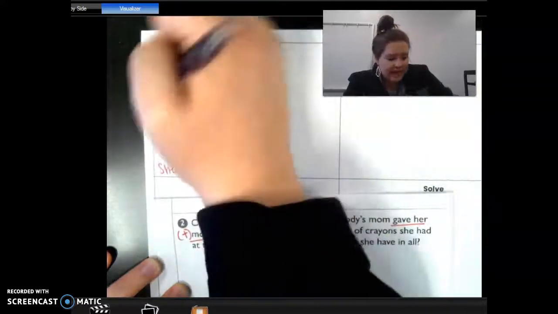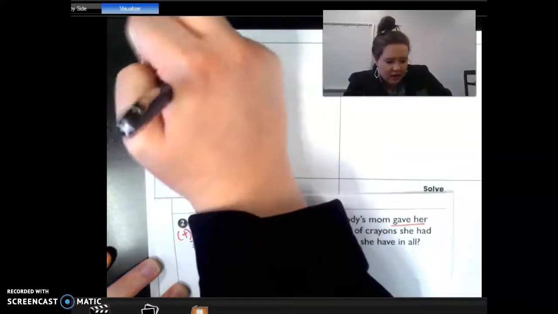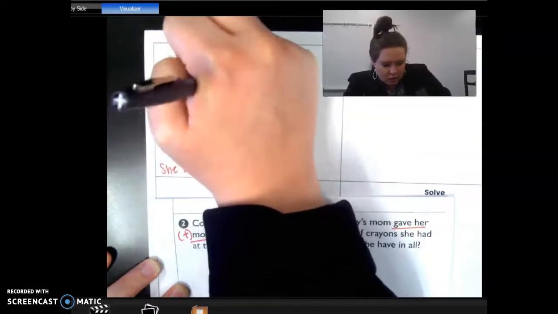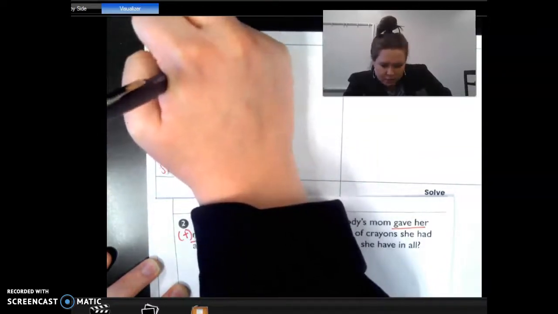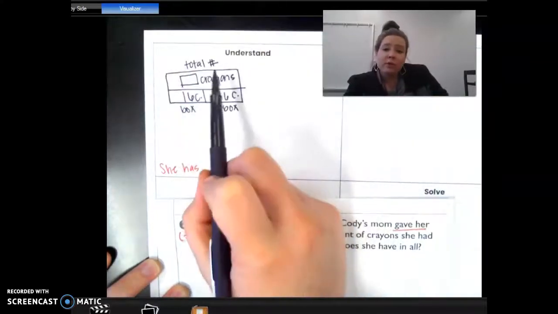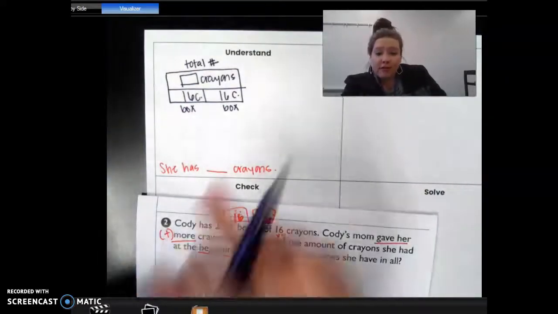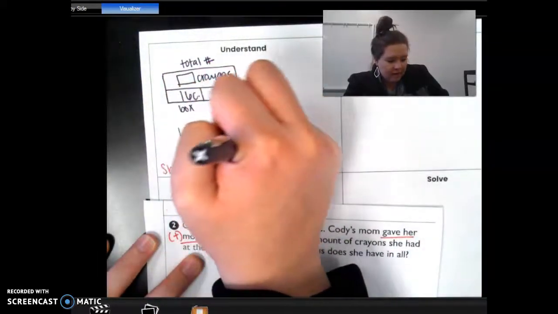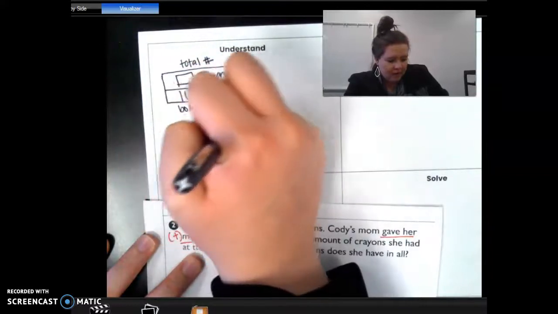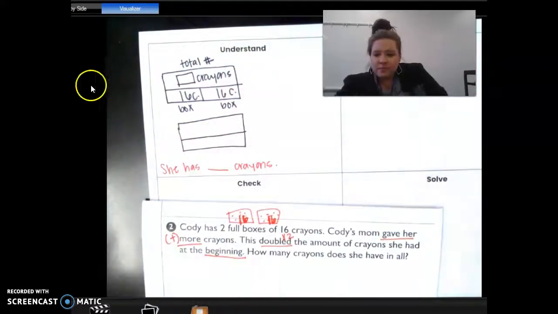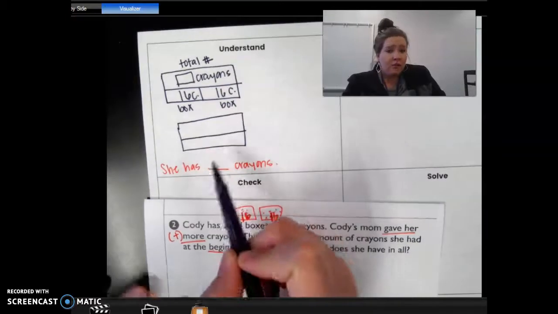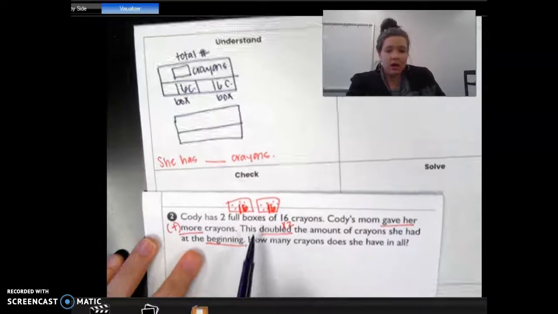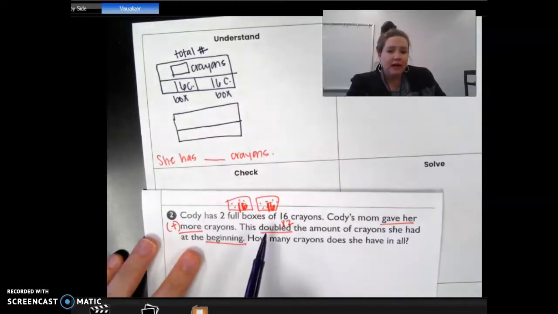When I figure this out, it's going to give me a total. The total number of crayons, okay? From the total number of crayons, when I find the total number of crayons, I can figure out how many she had after her mom gave her some, okay?